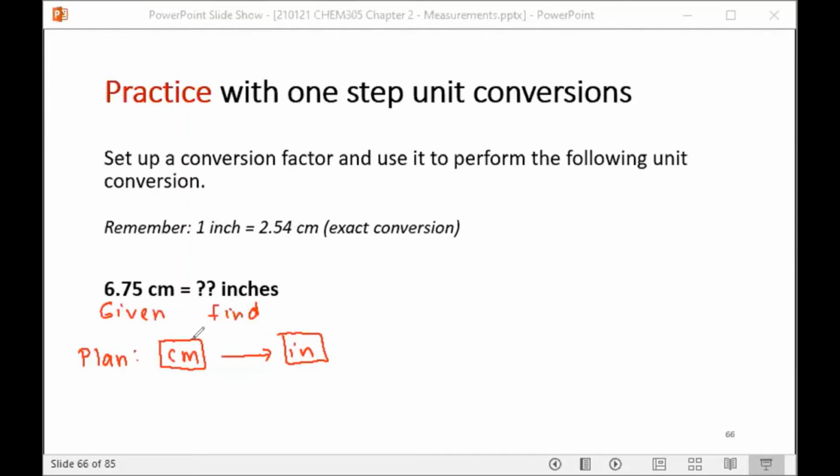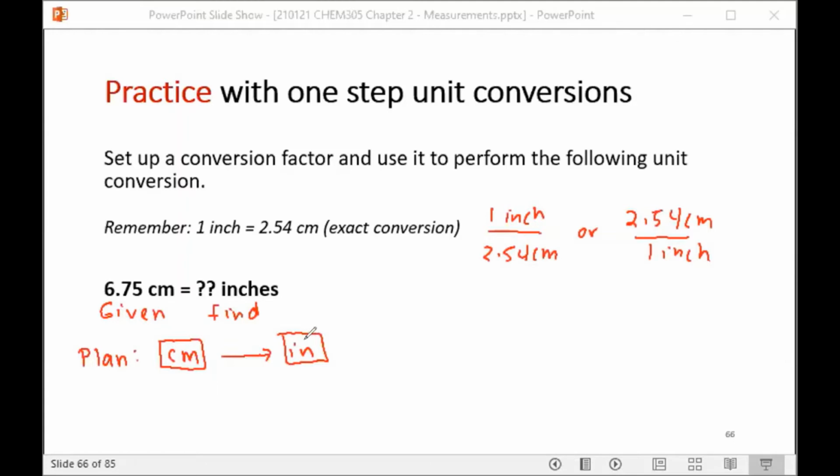So in our problem, we're starting with centimeters and we want to get to inches. So we could write the conversion as 1 inch for every 2.54 centimeters, or for every 2.54 centimeters, there's 1 inch. We want to pick the ratio that's going to cancel out centimeters, because we're starting with centimeters, and only have inches left at the end of the conversion.